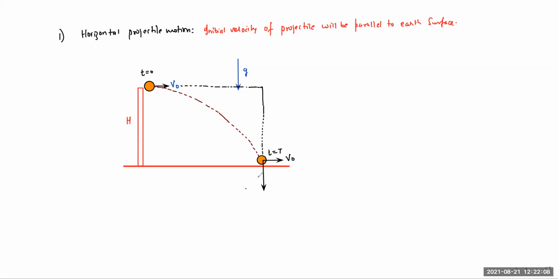What was the velocity in the downward direction at the beginning? Zero. Exactly. Now, when you drop some object, what is its velocity? Zero. Exactly. This condition is exactly similar to dropping the ball. Why?